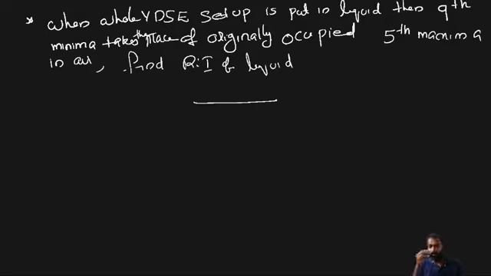What is given is that when we put the setup in the liquid, the ninth minima takes the place of the fifth maxima originally occupied when the setup was in air.